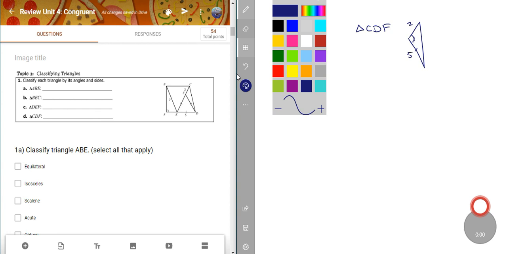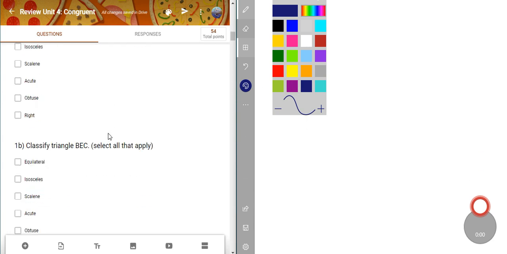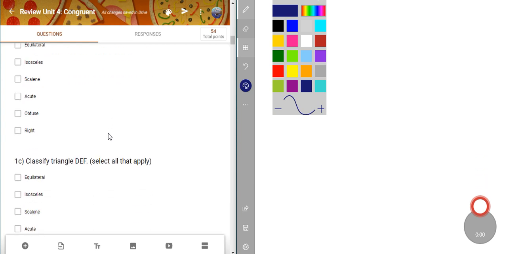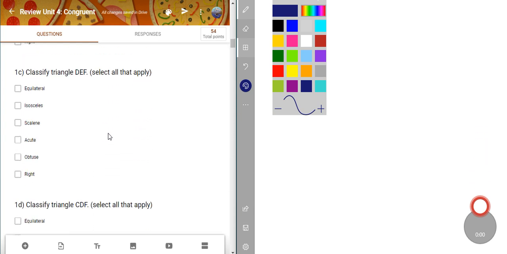So this will be scalene, because all 3 sides are different lengths, and this will be obtuse. Cool. Hopefully that all makes sense. Use the check marks to check all that apply on those. Don't just do one. Make sure you get the classification by angles and classification by sides. The only one where you'd only check one is the equilateral.